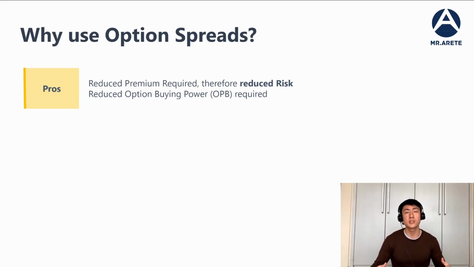If you just enter a buy leg, the premiums will cost a lot more, as opposed to a spread where you add on a sell leg to reduce the overall net debit from the trade. For selling, you reduce the option buying power required. If you just do a single sell leg, the option buying power required is usually a lot. Now that you add on the buy leg, it reduces the overall option buying power required for your account.